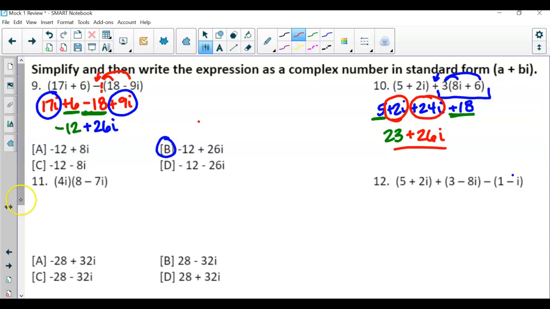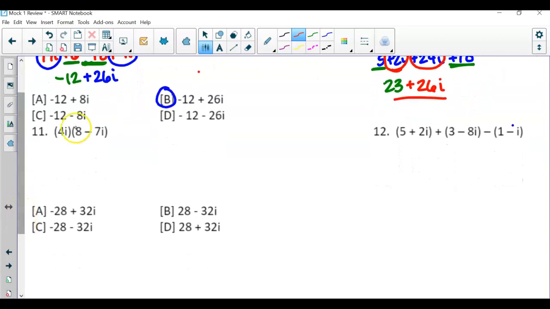Now number 11. Notice how there's no symbol in between, right? That means we are multiplying. So I'm just going to distribute that 4i to both terms in my binomial. So 4i times 8, 32i. Then 4i times negative 7i, that's negative 28.